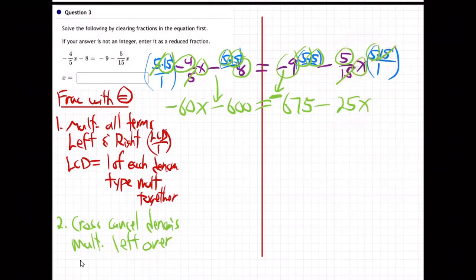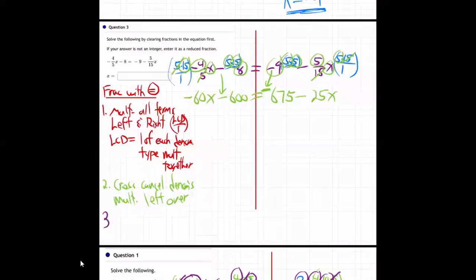All right. Now, what do we do from here? Now, from here, we have x's on opposite sides. Remember that? Let me do step 3. X's, we did a lot of that last week. X's on opposite sides. What do you do with x's on opposite sides?